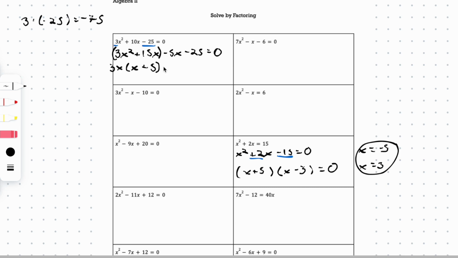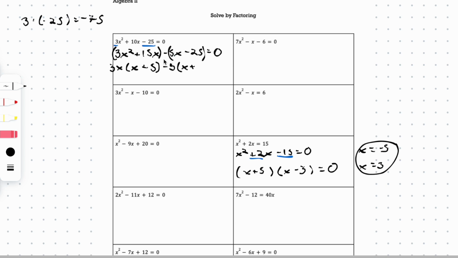And here, the most we can factor out of these two terms is going to be 5. So we're going to have x plus, or sorry, if we factor out a -5 out of both, sorry if this makes sense.